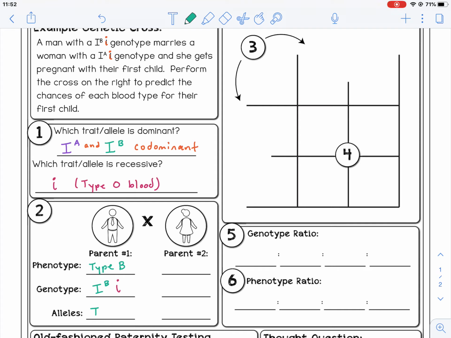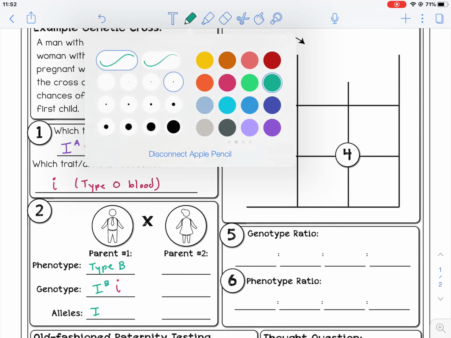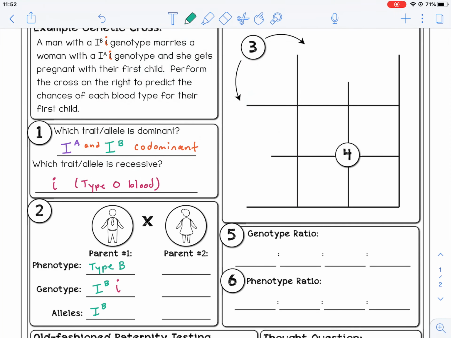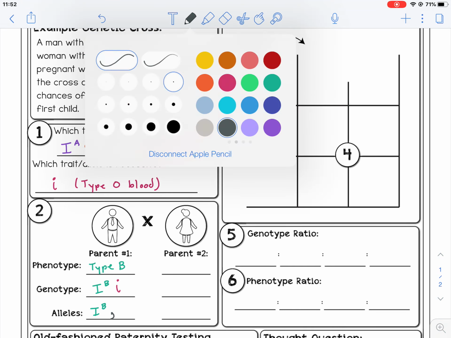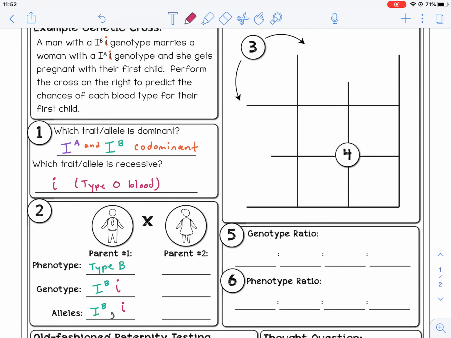Okay, what alleles does he have? And this is where that comma is required. He has one IB allele. I'm just rewriting that so that it's clear that that's a B. And then he also has one little i allele.